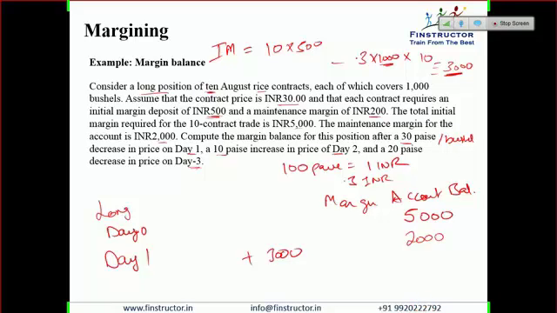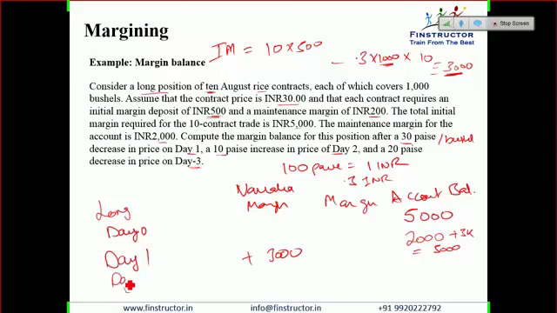But generally, if it is below 2000 or even at 2000, we will assume the exchange will say this is too low an amount, so you will be required to deposit a variation margin of 3000, such that the value of your margin at the end of day 1 becomes again equal to 5000, because you've had a loss. This is to avoid the risk that if there is further loss the next day, you may renege on your obligation and default.